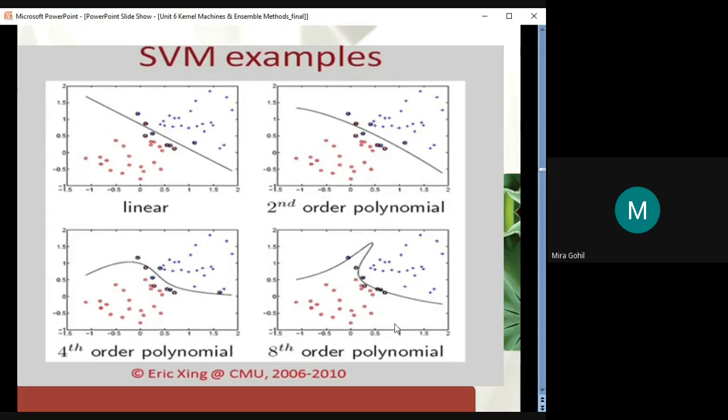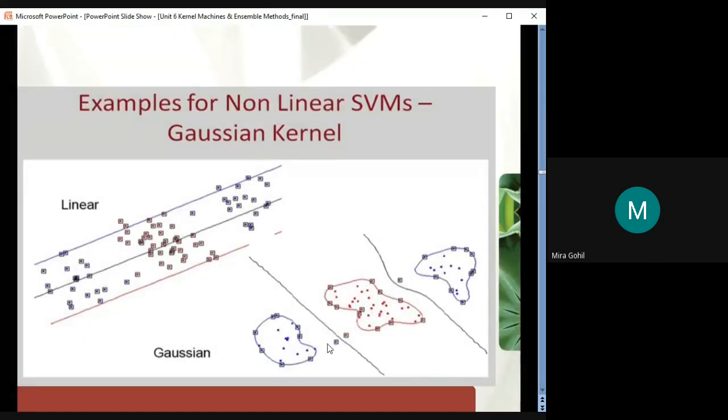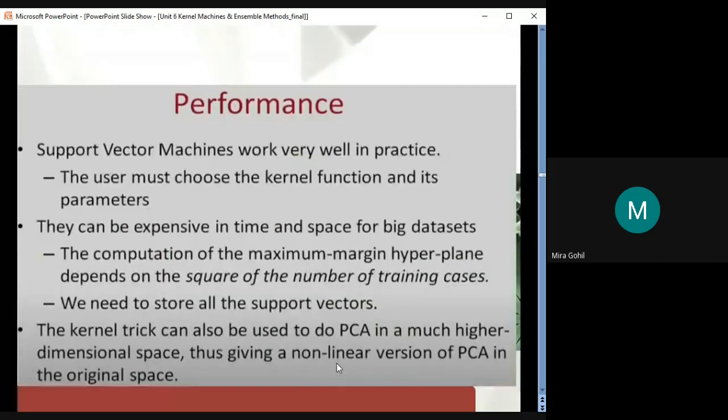So as we require to see what type of data we are having and which function, and up to what order we require to calculate this data for getting the optimal hyperplane. Some types of data we cannot separate through linear, so we require to go for non-linear, and for that we are having the Gaussian kernel function, and this Gaussian kernel function will give you this hyperplane to divide the data into categories. Okay, so this is what we are having.